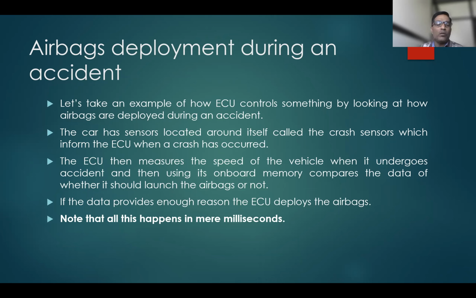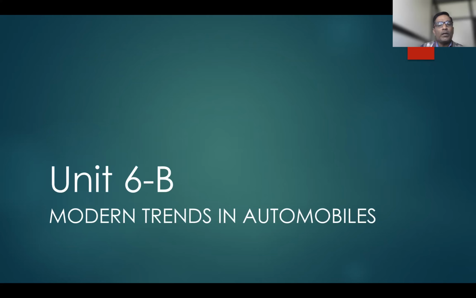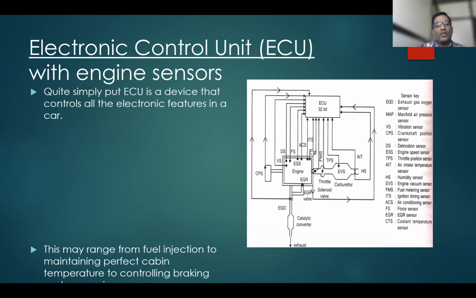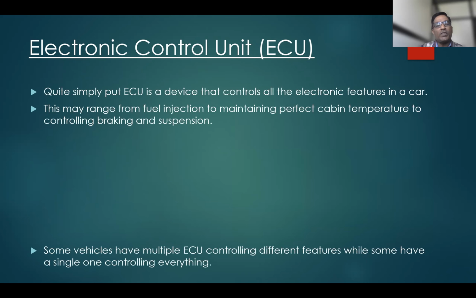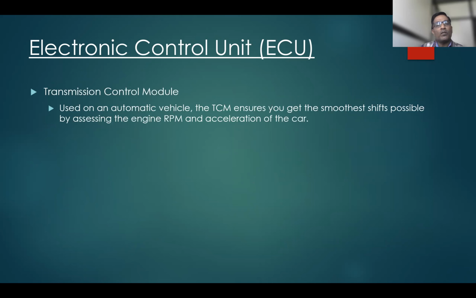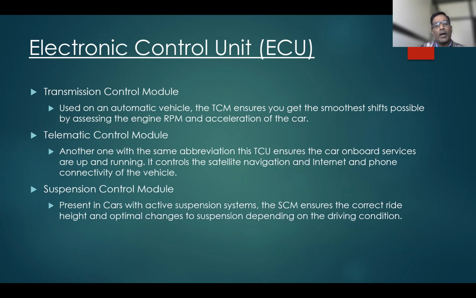So this is some brief information regarding the electronic control unit, which is an essential component in today's vehicles. Based on the features, its number can be increased, as we have seen: engine control unit, brake control module, transmission control module, telematic control module, and suspension control module.